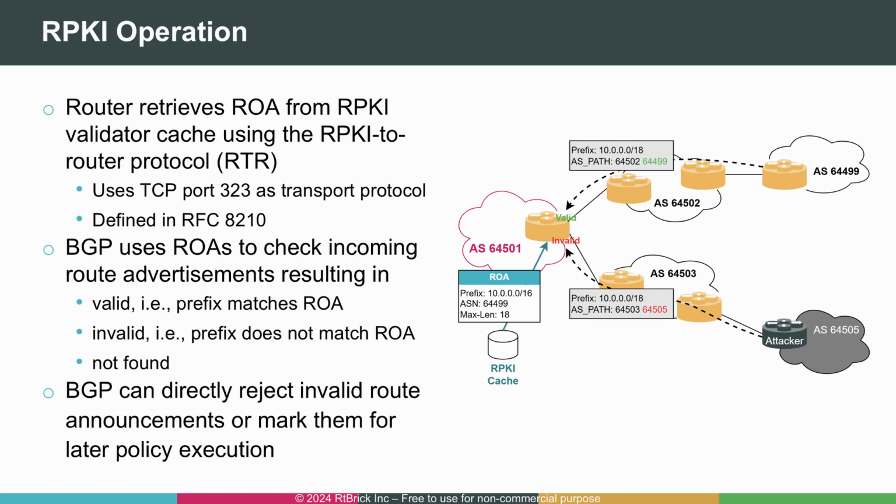BGP routers use the RPKI to router protocol, typically over TCP port 323, to query the validator and retrieve ROA data. When a router receives a BGP route advertisement, it checks the ROA database for a matching entry. There are three possible validation outcomes.